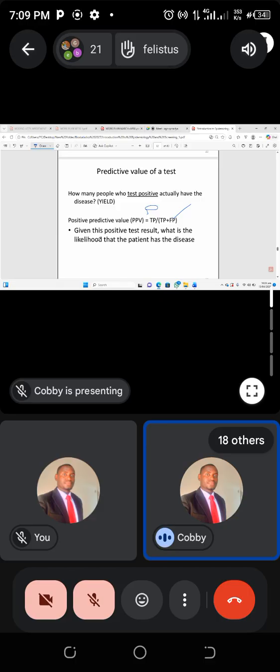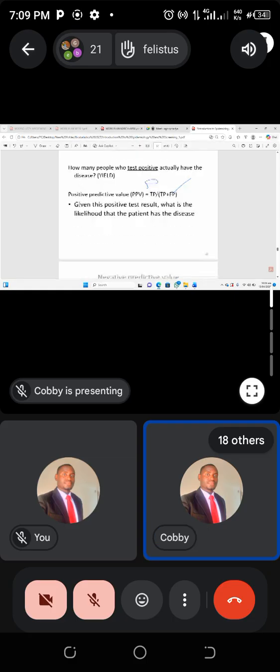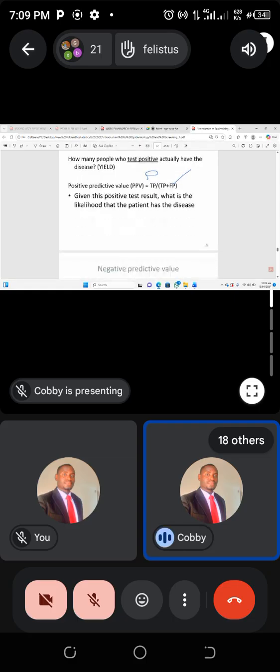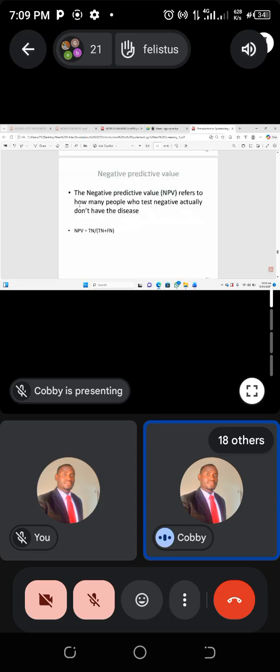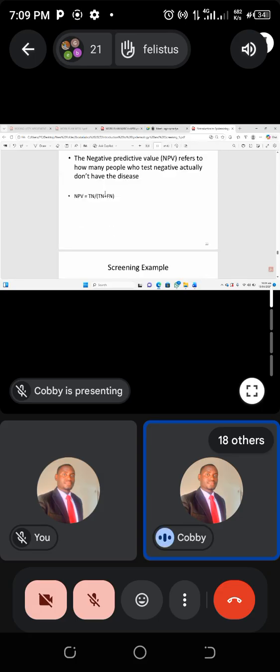That is the positive predictive value. Then we have the negative predictive value, where we are looking at everyone who tested negative. How many of them actually do not have the disease? So we are looking at the negatives only, with the true negatives and the false negatives.